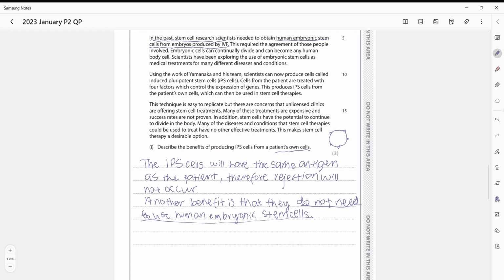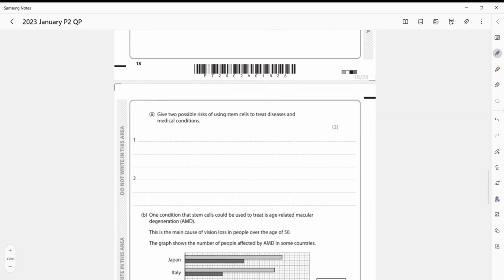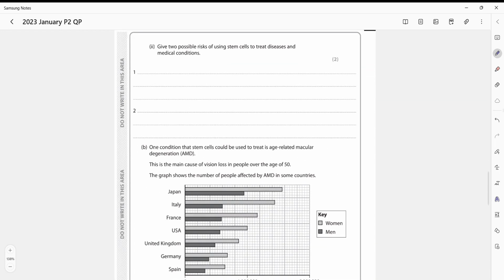The other mark is same antigen. Another mark is rejection will not occur. Will not occur is quite a strong phrase, so I might change that to less likely to occur. Okay, let's go on to part 2.